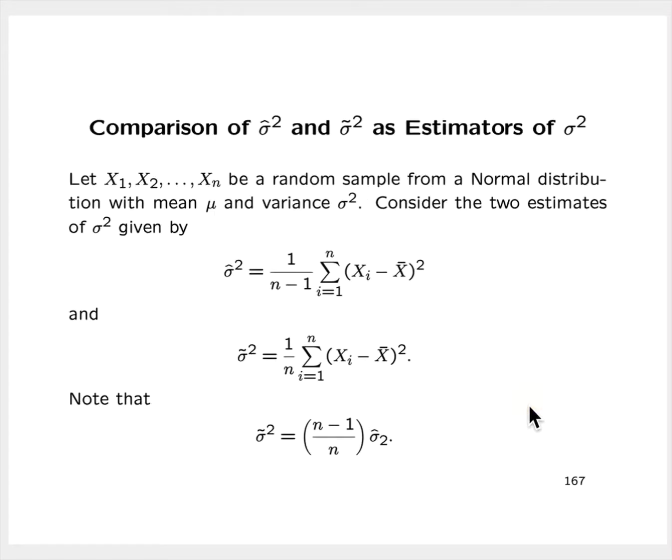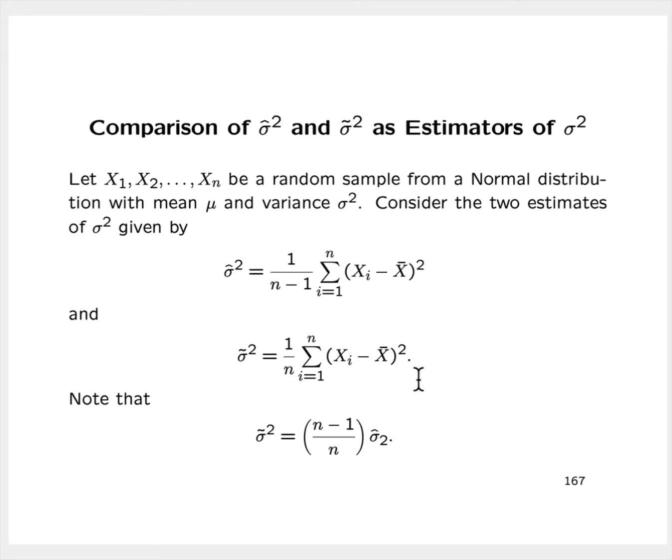Okay, so now what I want to do is compare these two estimators of sigma squared, and I'm going to use a little bit different notation. I'm going to use sigma hat squared to denote the unbiased version of the sample variance. So this would be S squared in our previous notation. And I'm going to use sigma tilde squared to represent the biased version of the sample variance, so the version that we called S star squared.